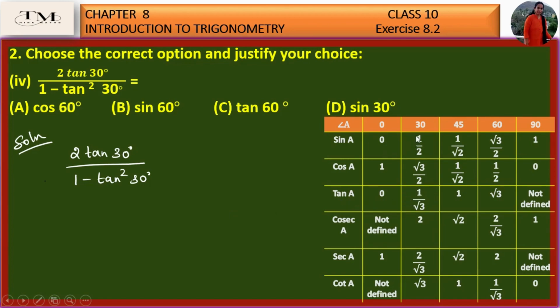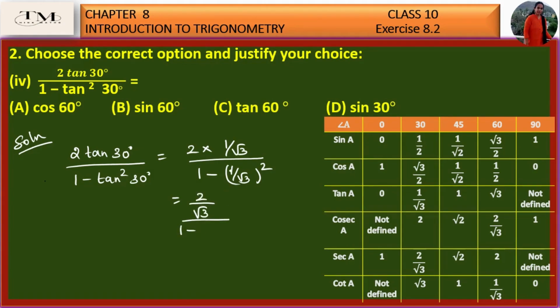Substituting the value, 2 into 1 by root 3 divided by 1 minus 1 by root 3 whole square. So we have 2 by root 3 divided by 1 minus 1 square is 1, root 3 whole square. We already saw root 3 whole square can be written as root of 3 into 3. If the number appears in pair inside the square root, the answer is that number. So the answer is 3.